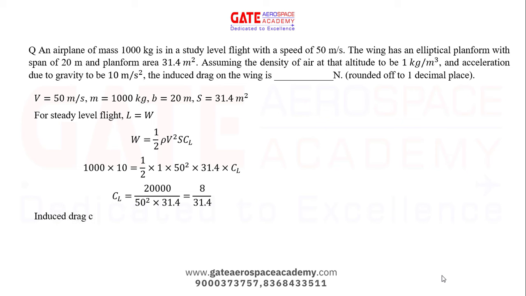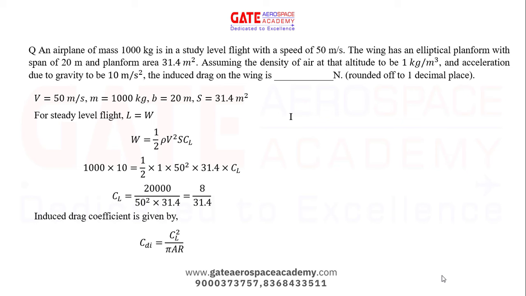Induced drag coefficient is given by CDI is equal to CL square upon pi AR. AR is aspect ratio. So induced drag we can write as half rho V square S into CDI, right?